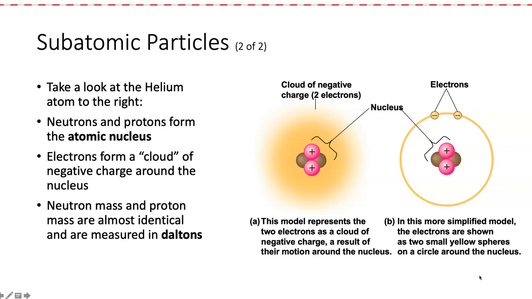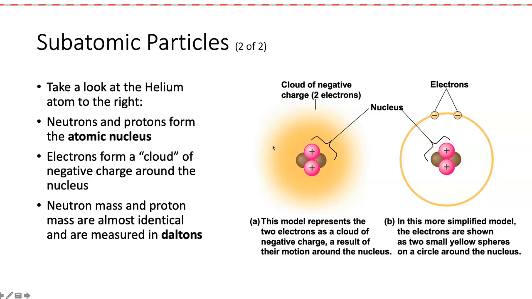If we look at a helium atom, and you can see one right here, there's two different versions. They're both helium atoms. You can see here that the neutrons and protons form this thing called the atomic nucleus, and then the electrons are kind of in this cloud all the way around.